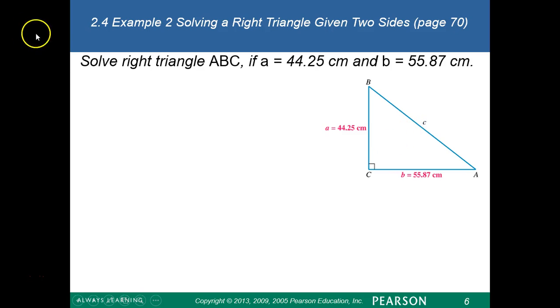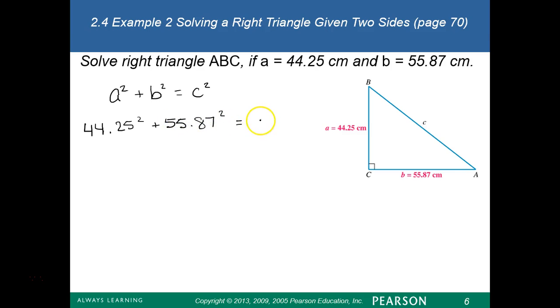So let's start out using that. The Pythagorean theorem is a squared plus b squared equals c squared. Plug in your values for a and b. So 44, oh, not 44 squared, 44.25 squared. B is 55.87.